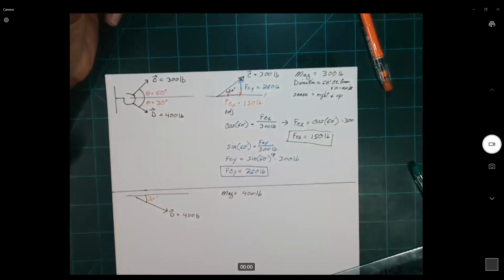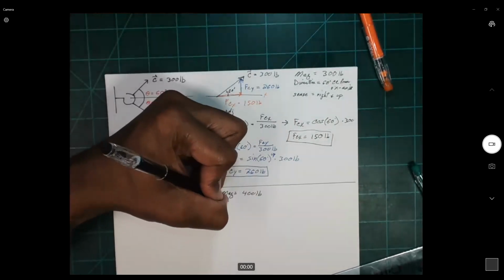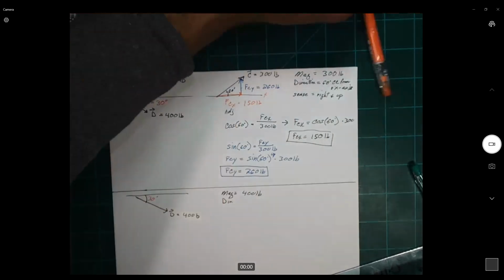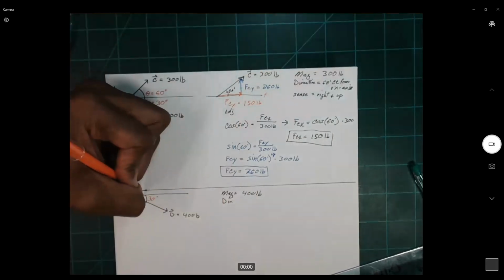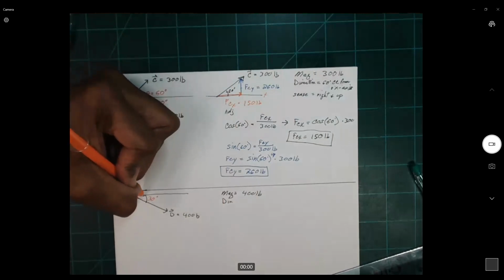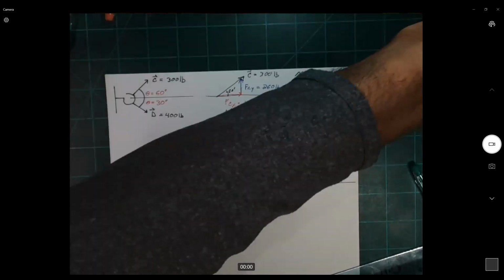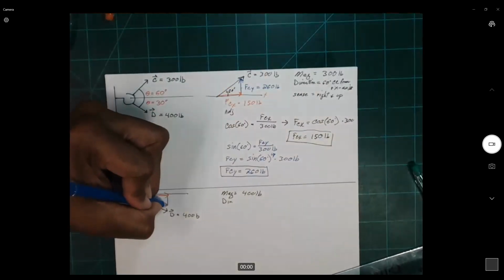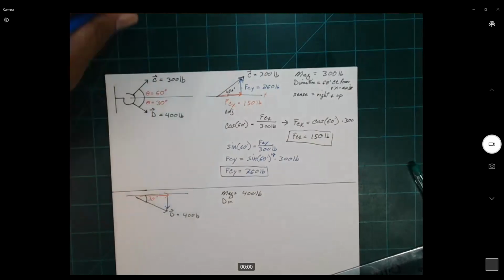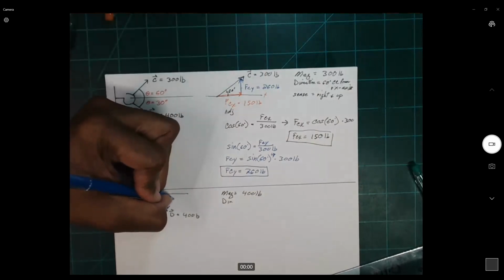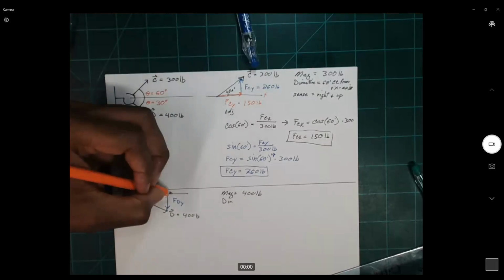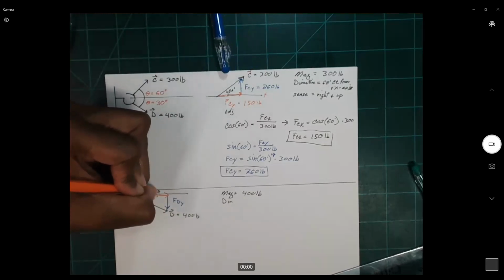Our direction, what is our direction? We're going to say to the right. And we're going to say down. So this is force Dy. And this is force Dx.